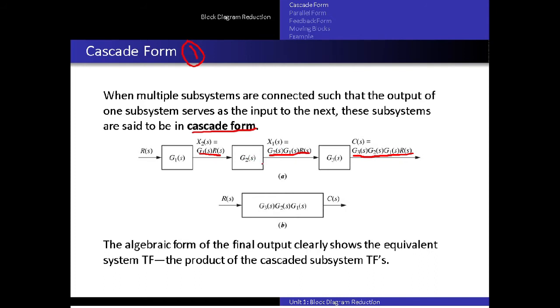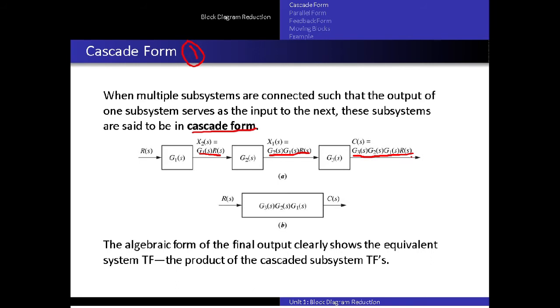If you want to find the output right here, that will be the transfer function G2 of S multiplied by whatever the input is, that is G1 into R of S. Same way, if you want to find the output for that, transfer function multiplied by input. Here the input is G1 G2 into R. So your total output will be G3 into G2 into G1 into R of S.